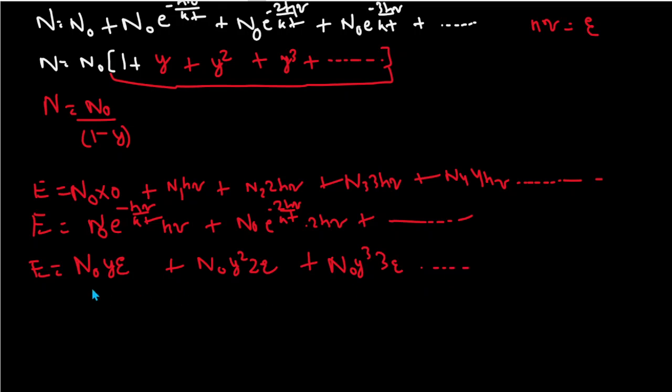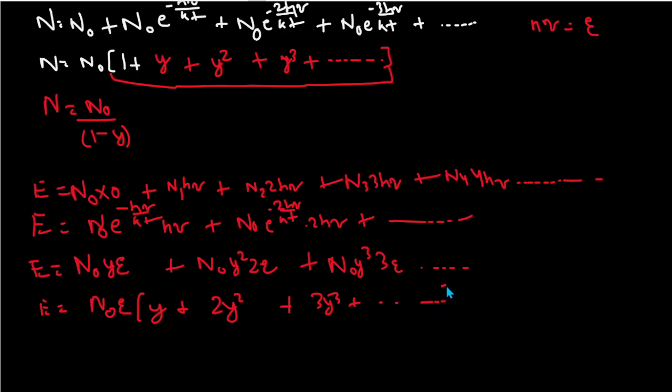The total energy is then, taking n naught and epsilon common, y plus 2y square plus 3y cube and so on.